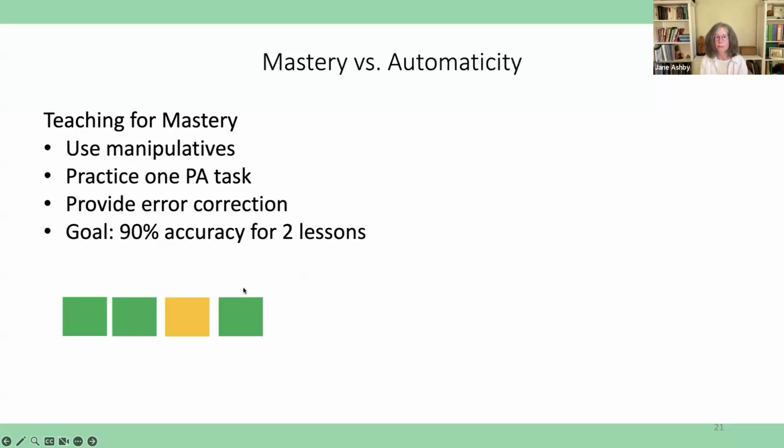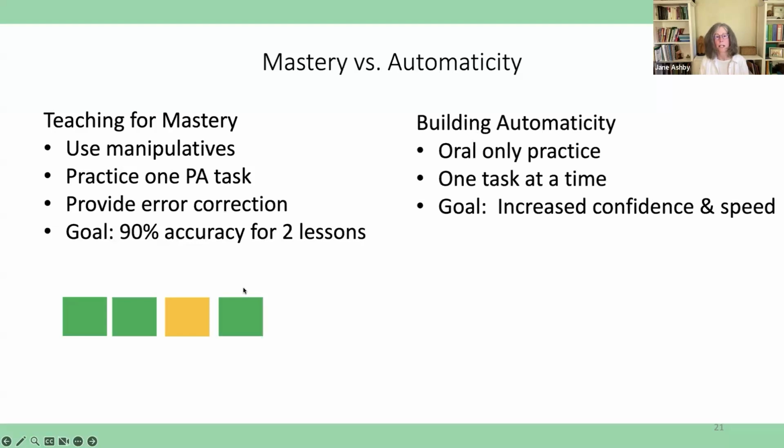It's initial sounds. Okay. Periodically, you can go back, you can do a mixed review, but most of the time it's going to be one task a day. You'll be providing error correction that's supportive, and the goal is to get 90% accurate for 2 lessons in a row using the manipulatives.